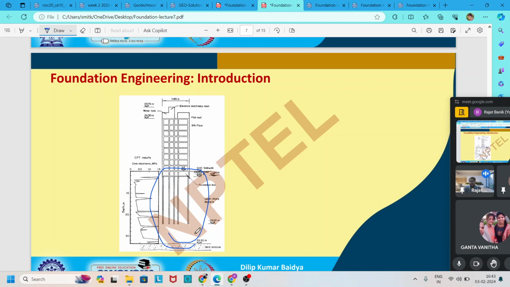That means we transfer the load deep into the ground, which may safely transfer the load from the superstructure through friction or some engineering of this pile. We will learn this in our coming sessions one by one.